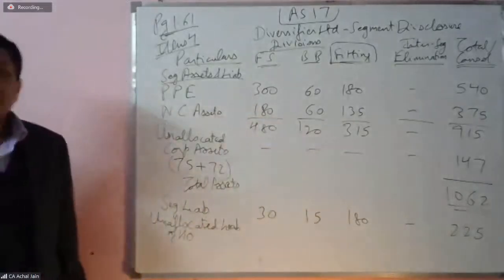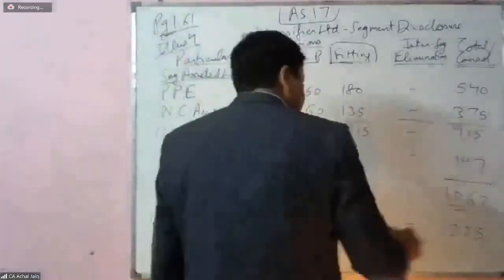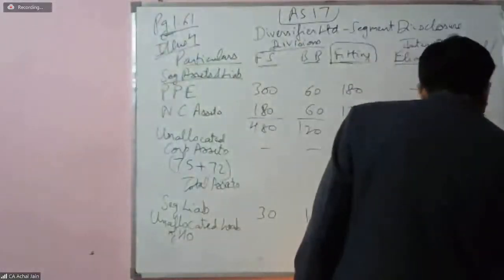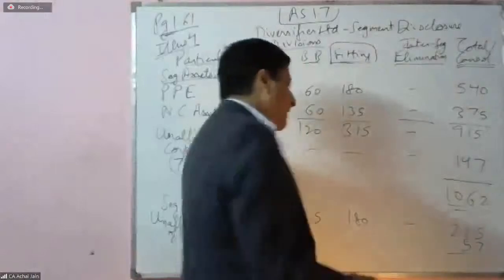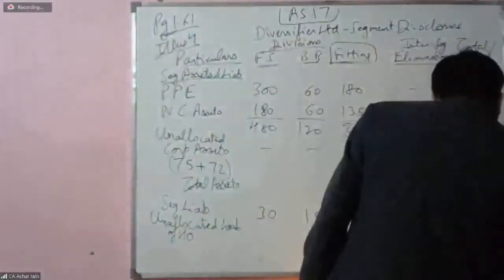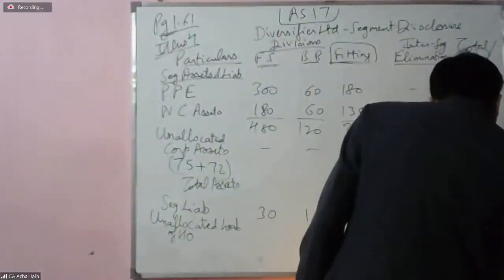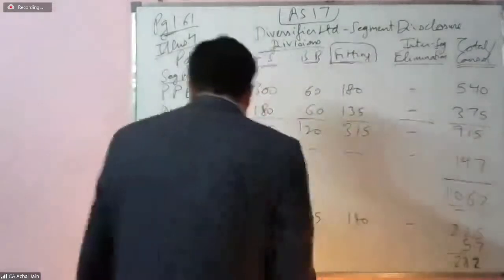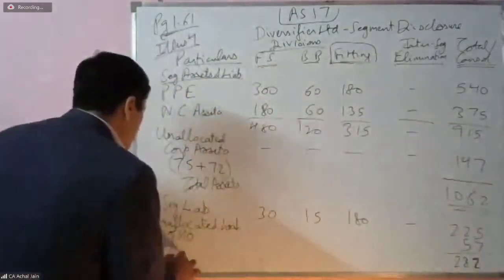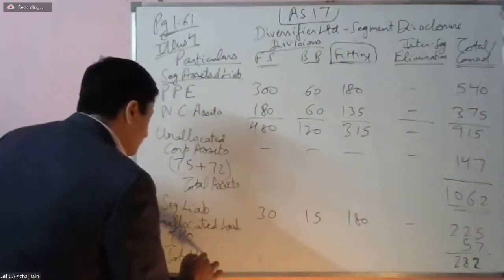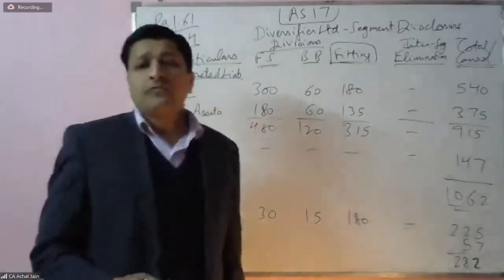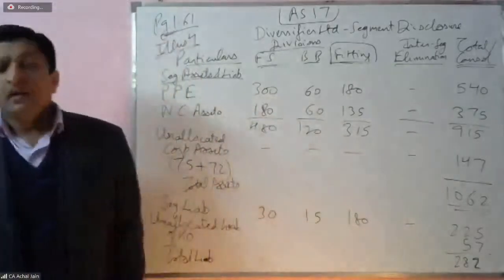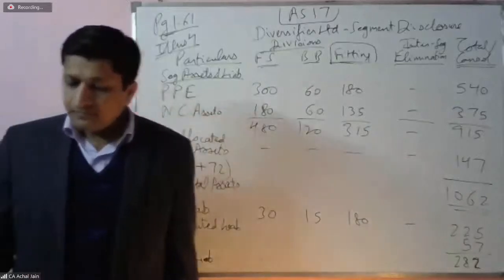What is that amount? 57. So all in all, what do we have? 282. So this is the amount of total liabilities at the company level.